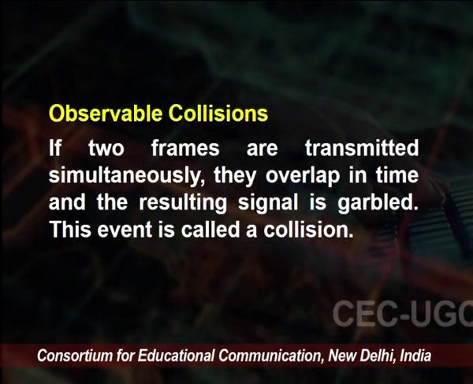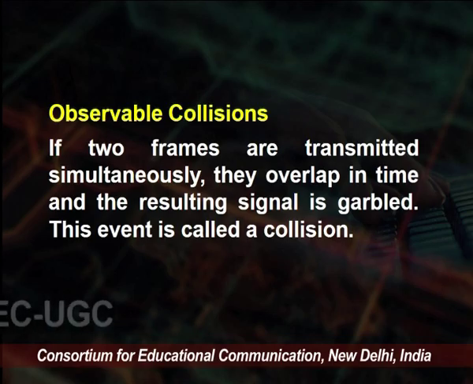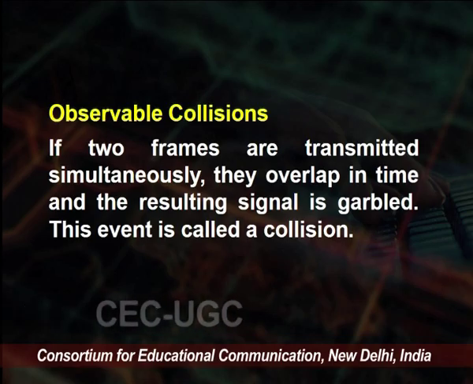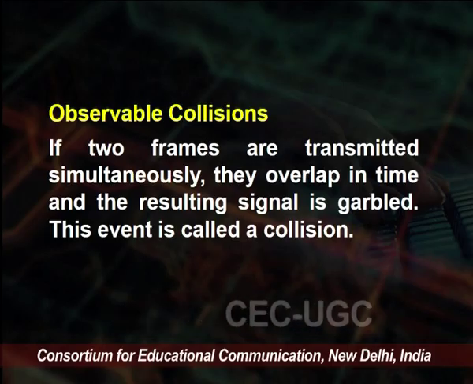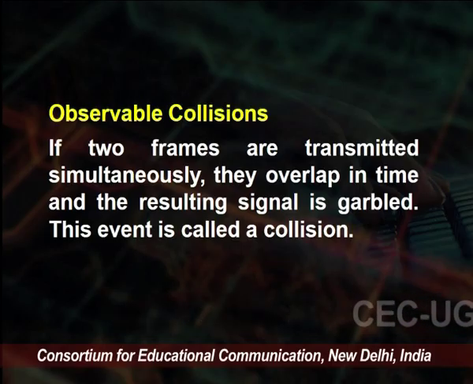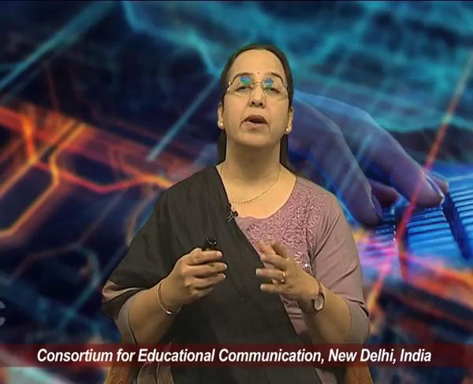The next assumption is about observable collisions. If two frames are transmitted simultaneously, they overlap in time, so the resulting signal is garbled. As I have told you, it goes into wastage. This event is called a collision.